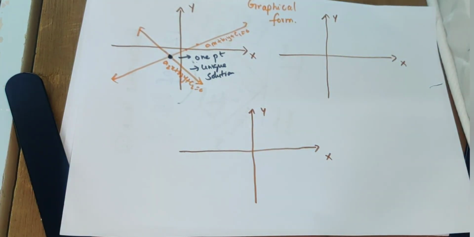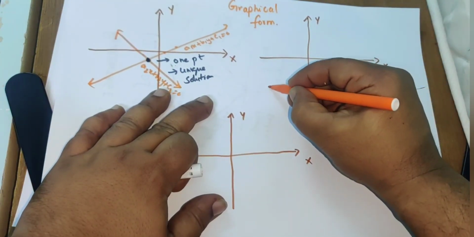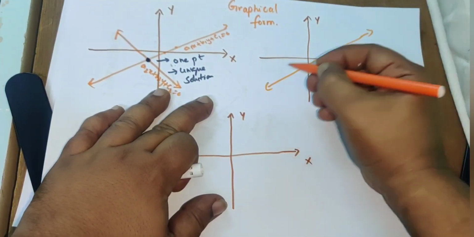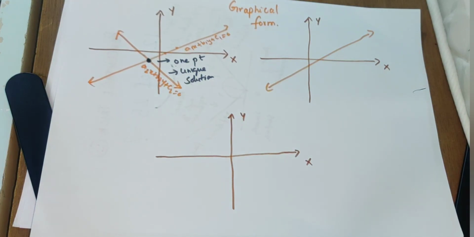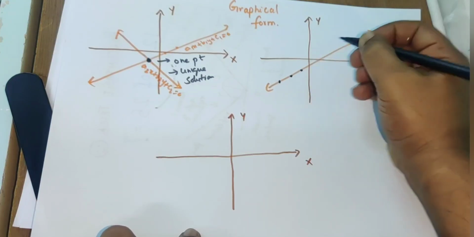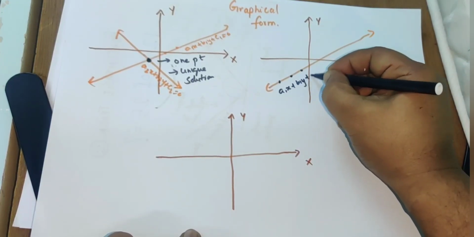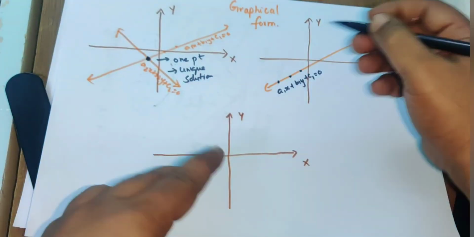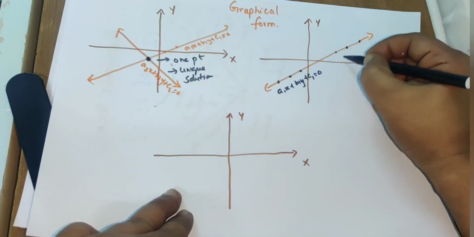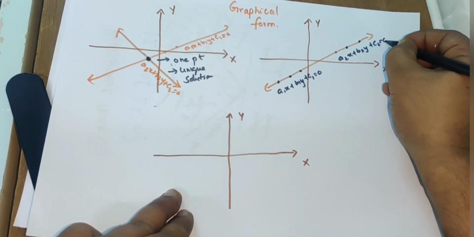And in the case of another graph, like infinite number of solutions, you can see that if you plot the first solution, both of the solutions lie on the same line. For example, here a1x plus b1y plus c1 equals 0, and similarly here a2x plus b2y plus c2 equals 0.